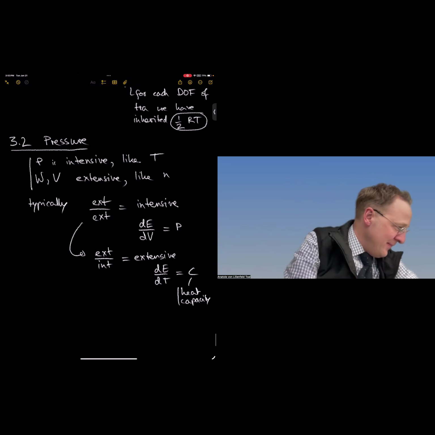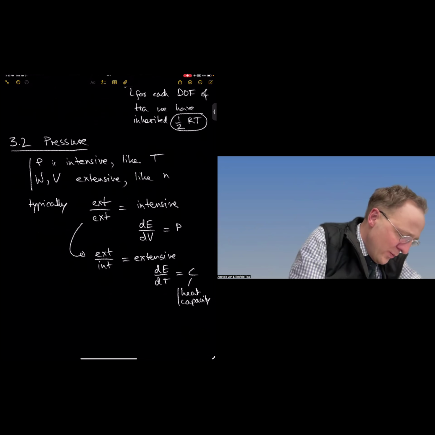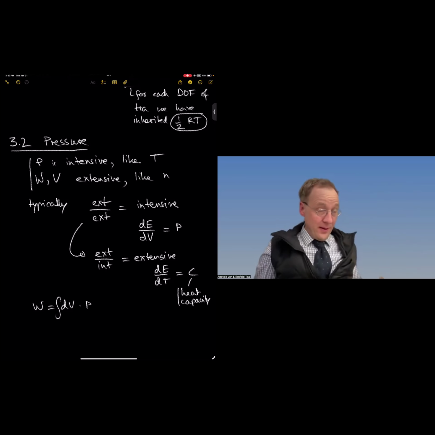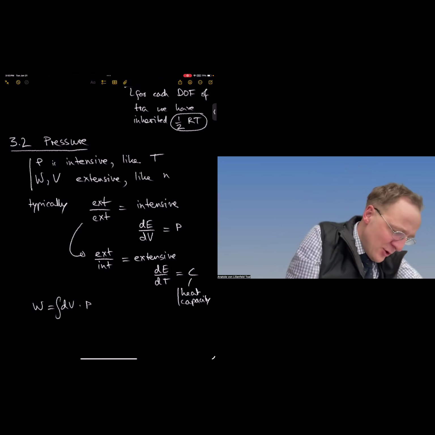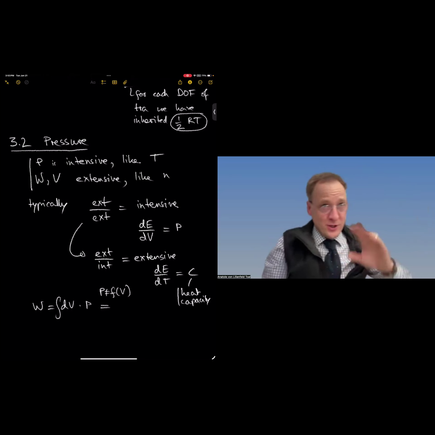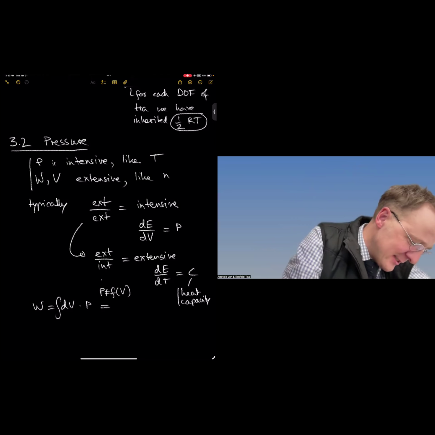Now, work is the integral over P as the volume changes, assuming that P is not a function of volume, which is outrageous, but let's just assume.